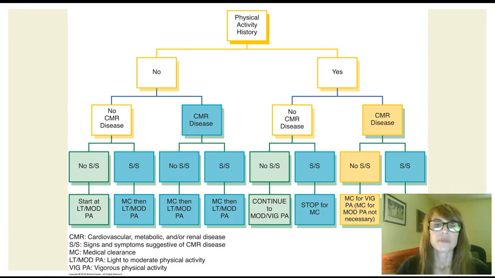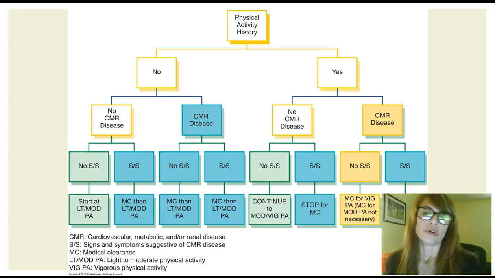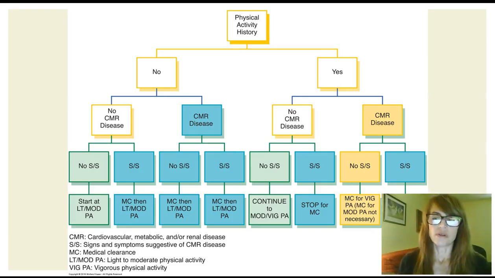Now, it could be that they have another coexisting condition. It's not unheard of that someone with asthma or COPD has obesity and diabetes and maybe cardiovascular disease already. So that's something to ask. But if it's just a pulmonary disease, you can see from the decision tree that it's not a CMR.